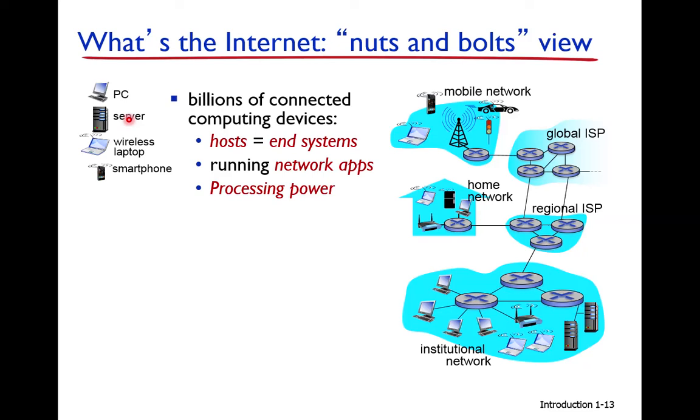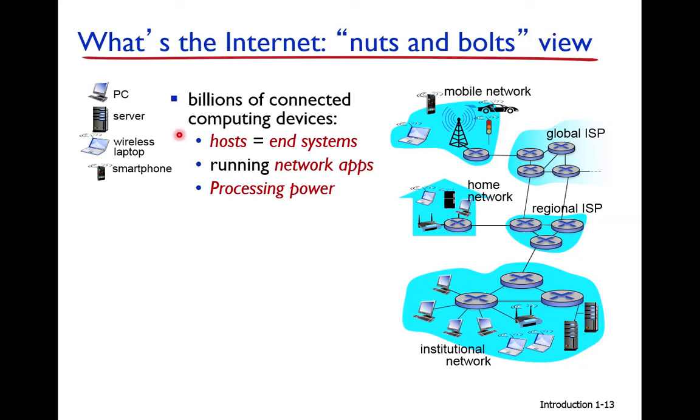The users are sitting at the PCs and they access the internet by using applications. So the first thing in the network is the computing devices, the hosts, the end systems, and these hosts are connected with each other.